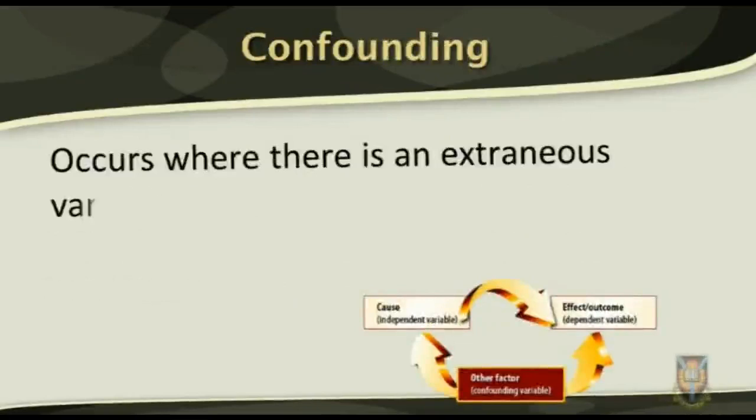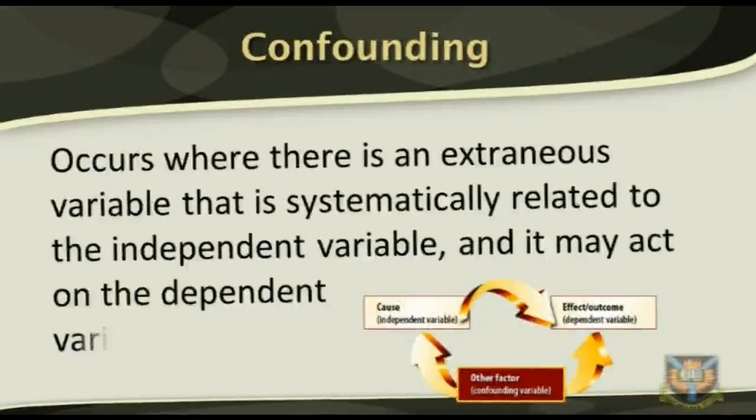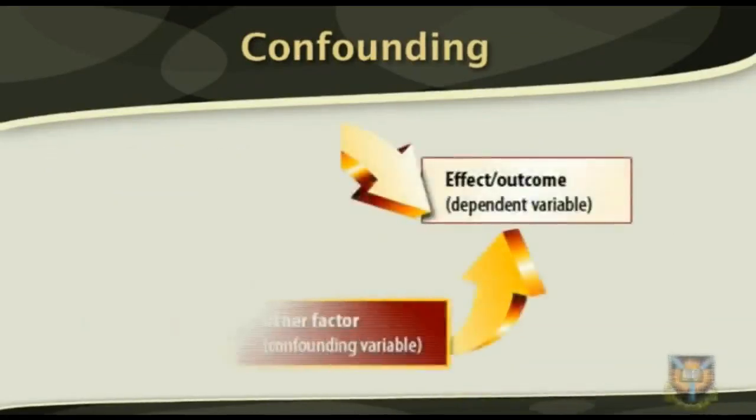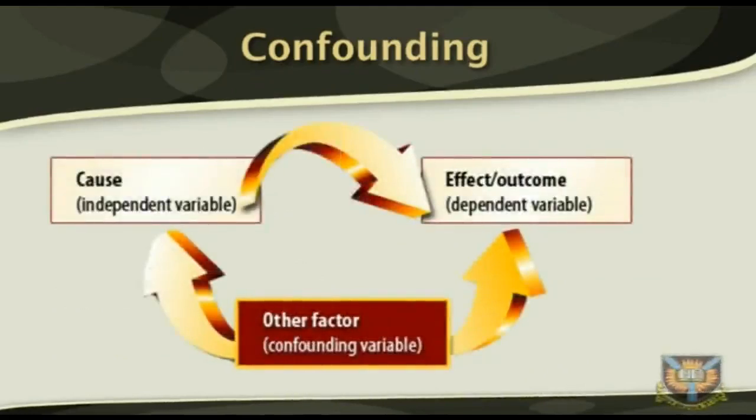Confounding occurs when there is an extraneous variable that is systematically related to the independent variable, and it may act on the dependent variable. Hence, the extraneous variable may affect the dependent variable scores of the one group, but not the other. If confounding is present, then the reason that any change occurs in the dependent variable cannot be ascribed to the independent variable.